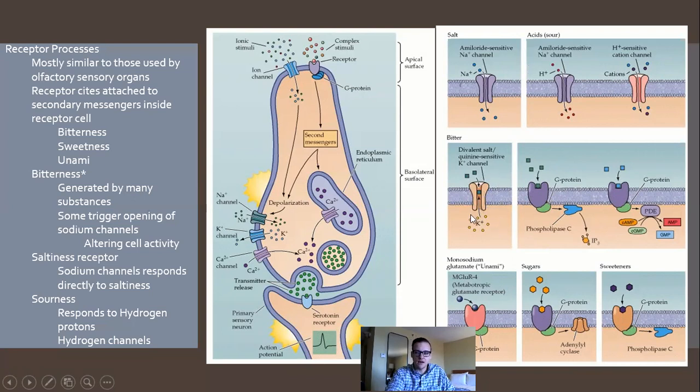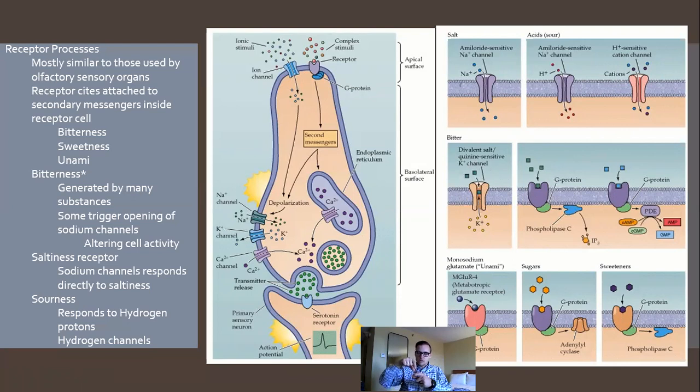So instead of having this G protein, we have some receptors for chemicals that we perceive as bitter that involve this standard G protein coupled process. But we can also taste bitterness from certain chemicals like quinine.